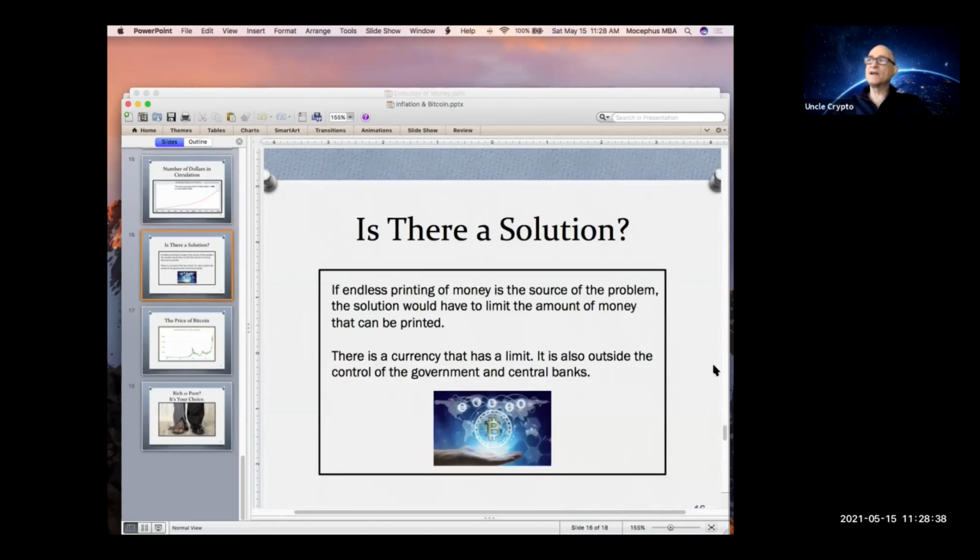If the endless printing of money is the source of the problem, and by the way, just kind of put a point on this, is anybody here familiar with what's going on in Venezuela with money? Argentina, Nigeria, these countries are all experiencing inflation rates at least 40% a year, 40% a year.